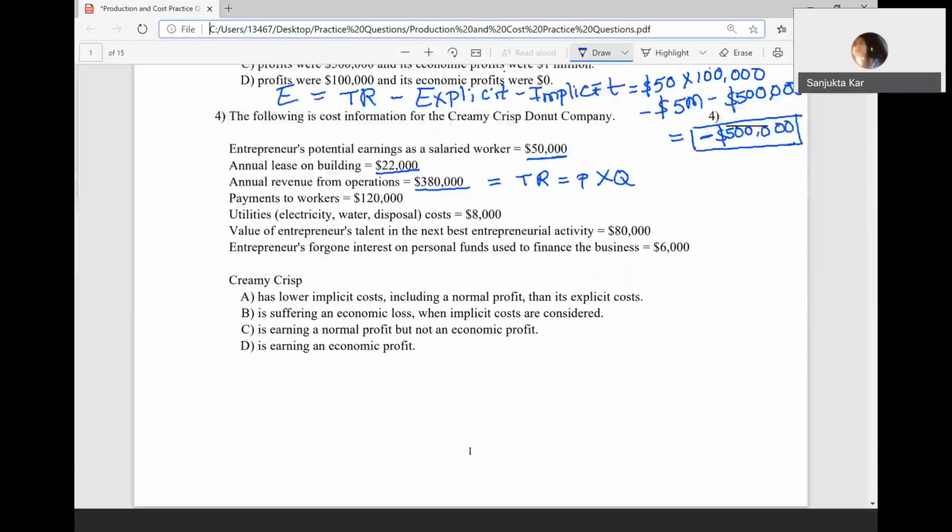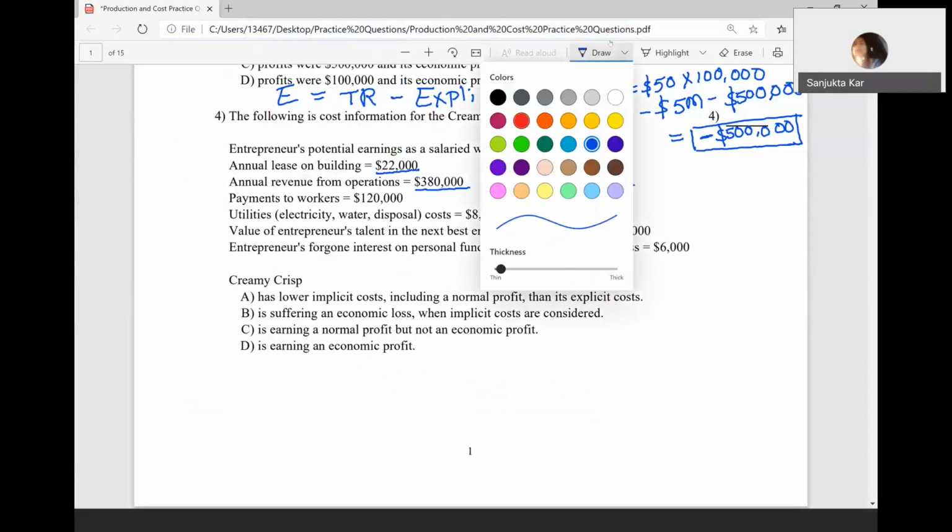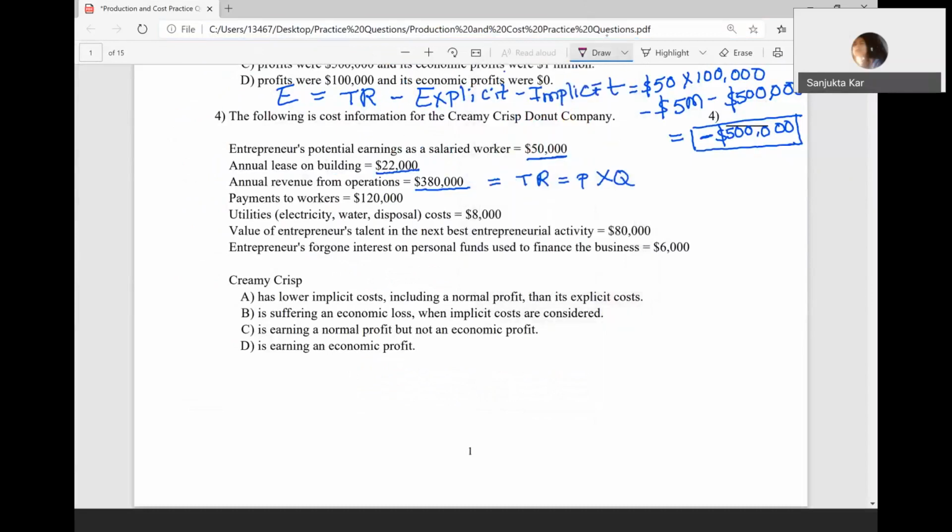So to solve problems like this, I want you to identify the explicit cost and the implicit cost of production, because just to write this again, economic profit is equal to the total revenue.